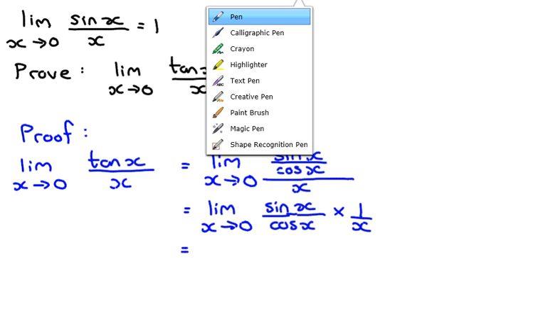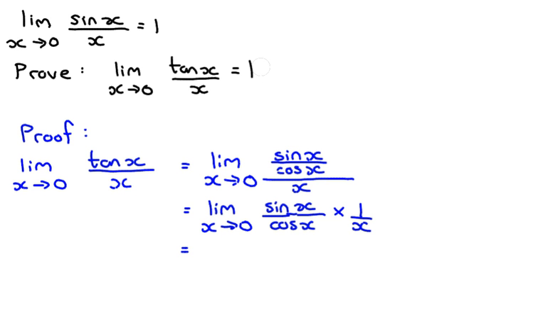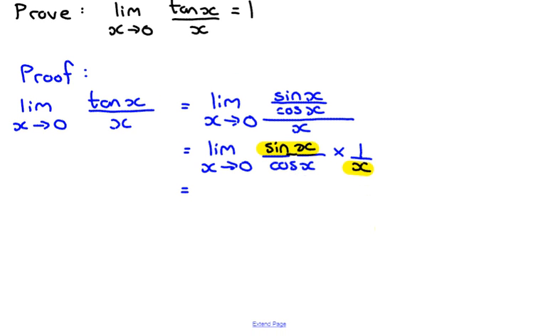So I'm going to put the sine x and the x together, and then I'm going to put the 1 over cos x separately. So here I've got the limit as x tends towards 0 of sine x over x multiplied by 1 over cos x.